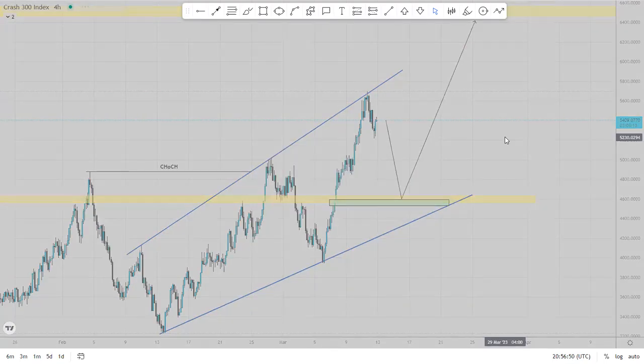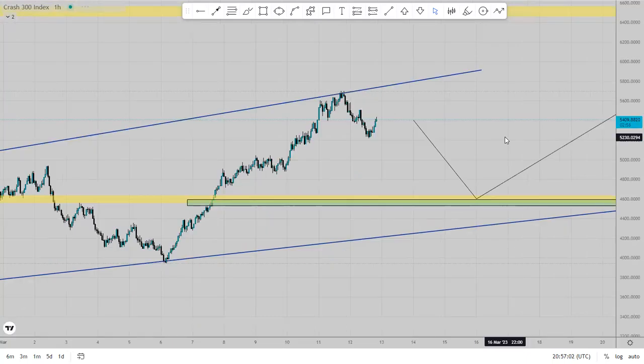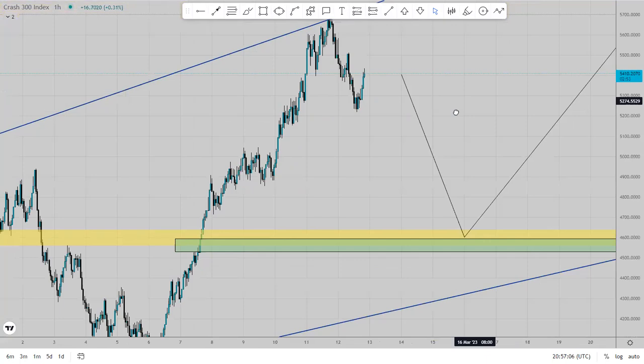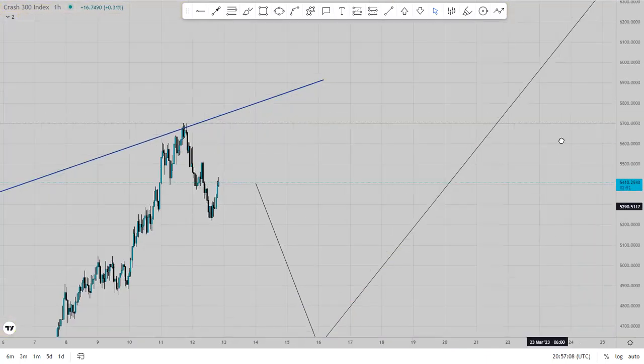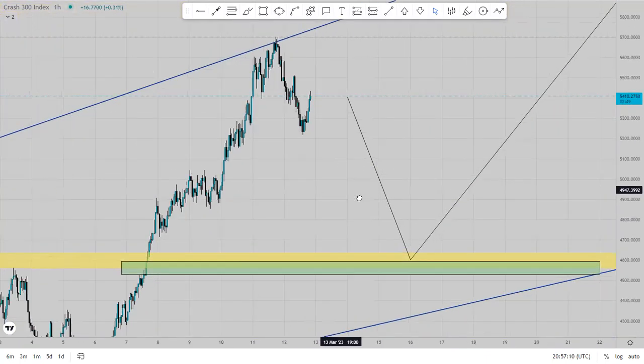If we get any confirmations, we'll take that sell up until the market drops into the zone where we're expecting to continue buying, since we are now in a bullish market structure. So this is the zone.